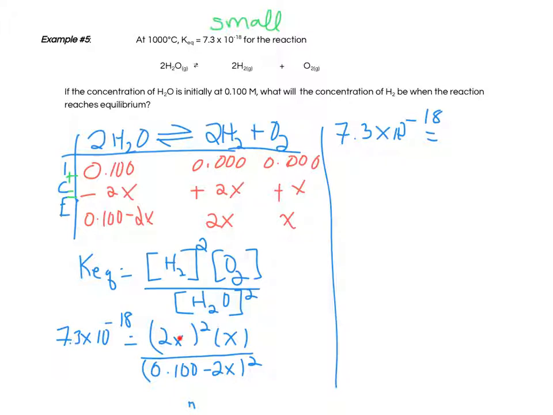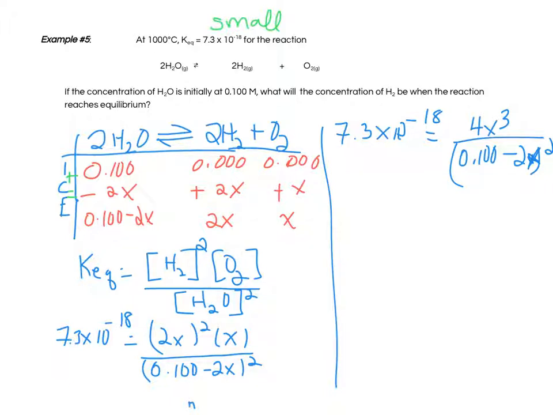So 2x all squared gives me 4x squared, and then multiplied by another factor of x will give me 4x cubed. And I'm going to divide that by my 0.100 minus 2x. That is an x, people. It's all squared.